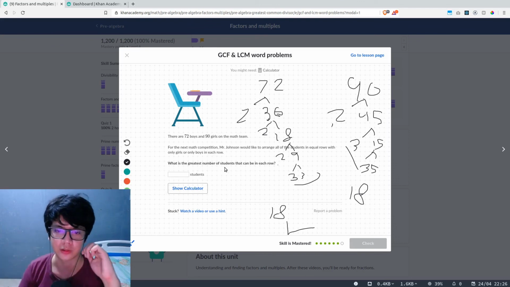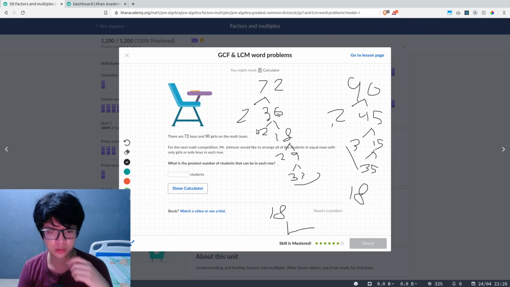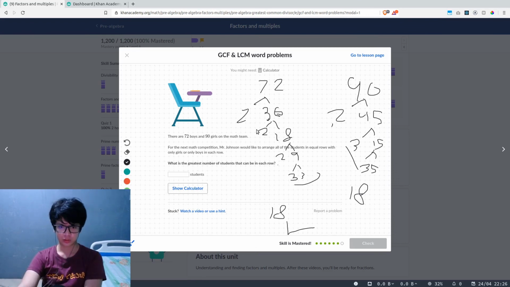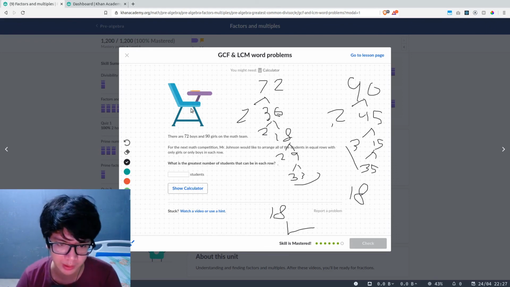Okay, this is kind of hard. I can fit them into 18, but how many students in those 18? So I guess I can divide 72 and 90 by 18, right? I think that's what it's trying to ask.